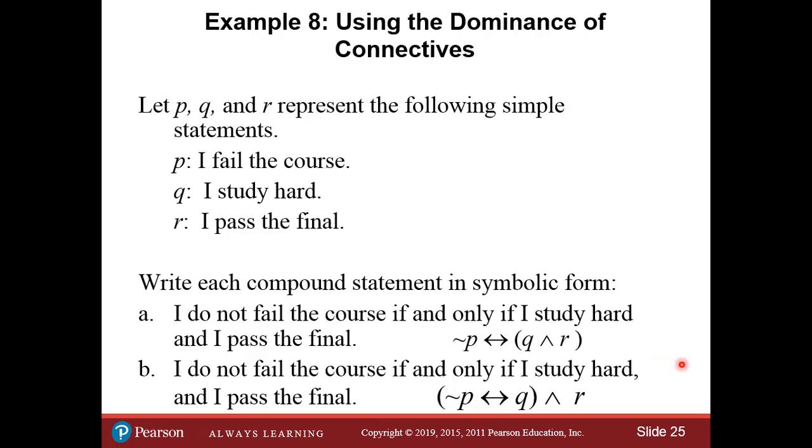Because notice that the comma tells us that everything on one side of the comma is connected together. Here I use the dominance, if and only if. Here the comma tells us what needs to be grouped. So again, if there's no comma, we go by dominance. If there's a comma, then everything on one side of the comma is grouped together.